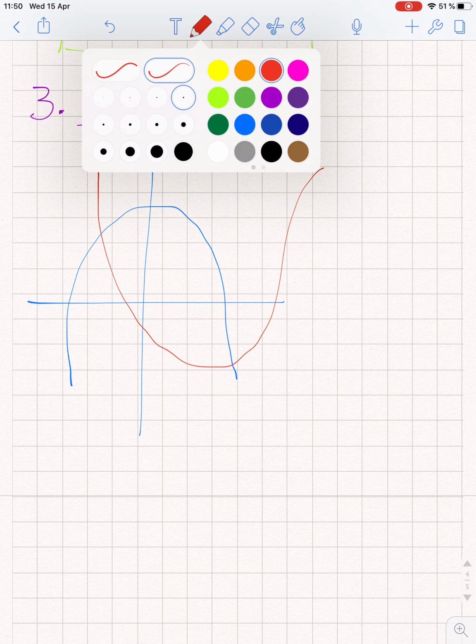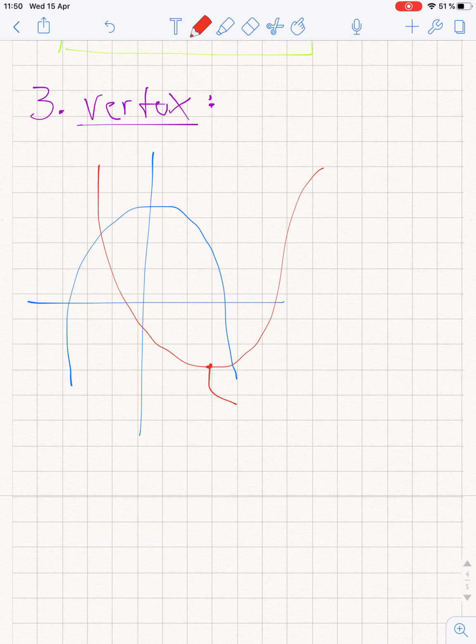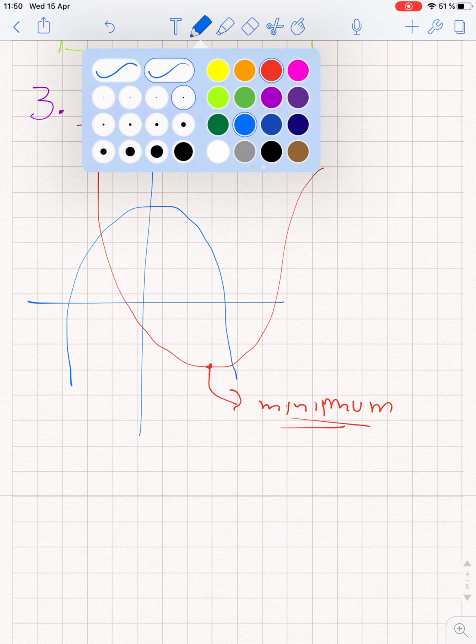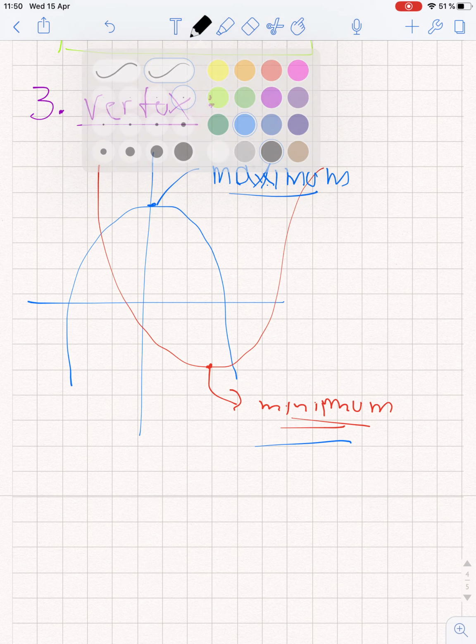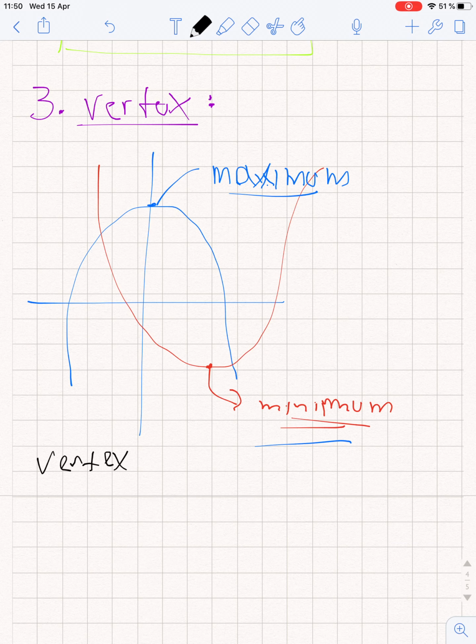The vertex is the minimum point or the maximum point in a quadratic, okay? The vertex actually is a coordinate. It is the coordinate of the minimum or maximum point. It's a coordinate x, y that corresponds to the minimum or maximum point, by graphing, okay?